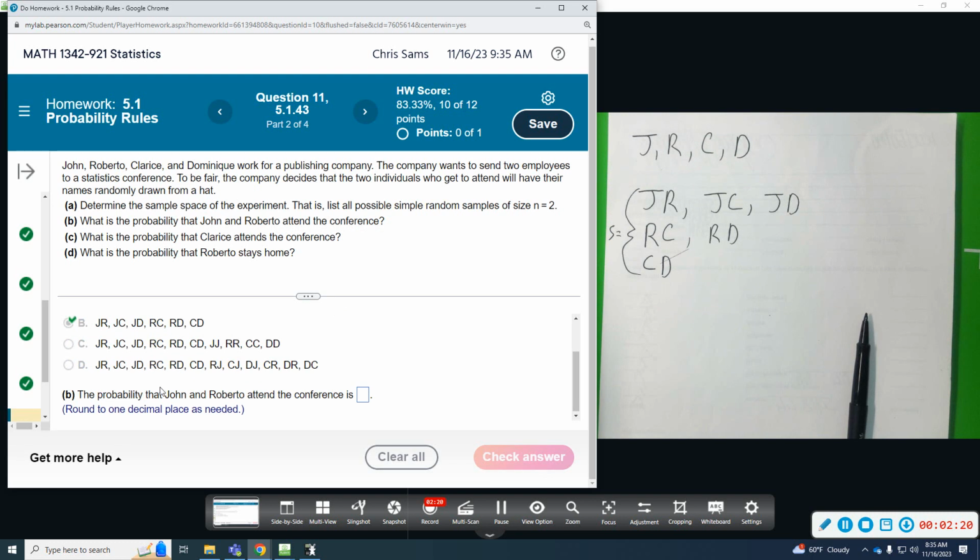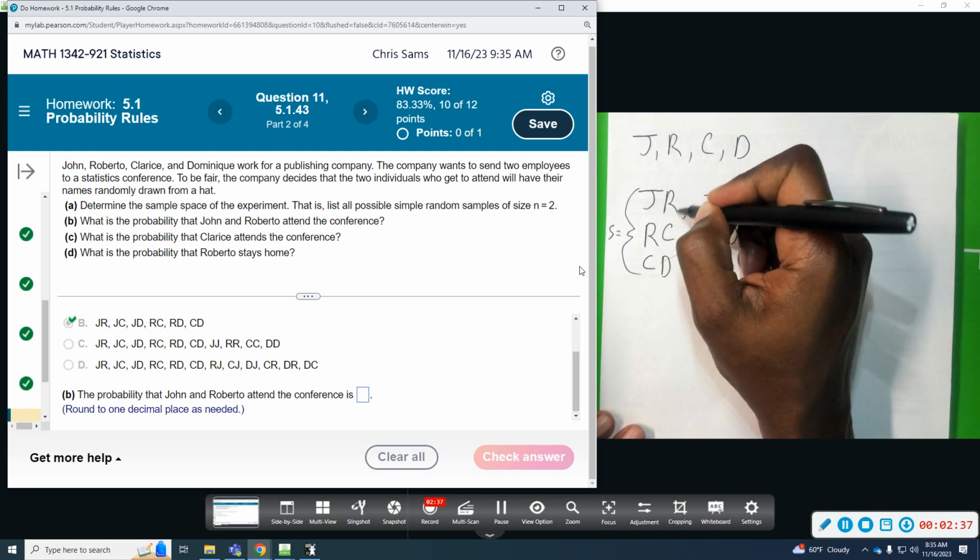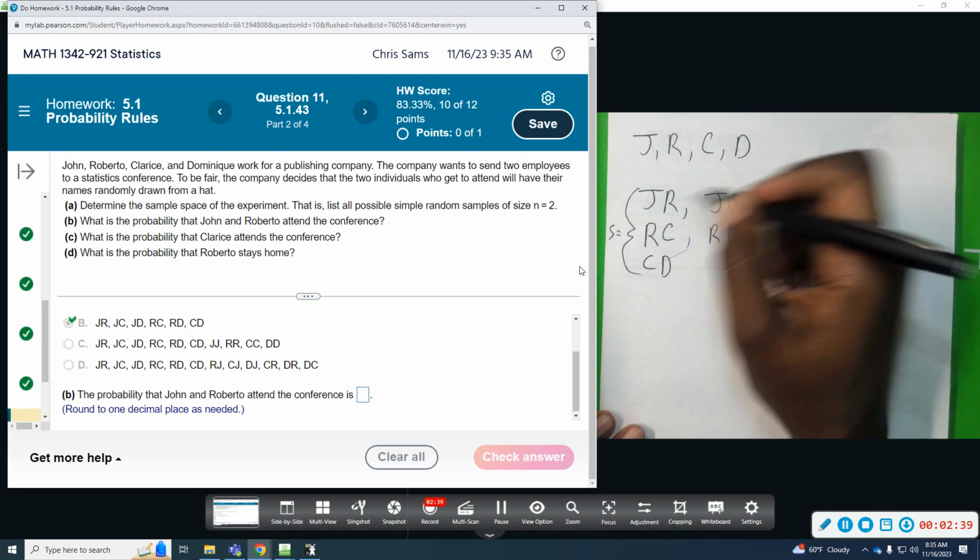Alright, so now we want to find the probability that John and Roberto attend the conference. So I'm guessing this combination here, not John or Roberto, but John and Roberto, so that the chance that both of them are selected. There is 1 outcome that has John and Roberto out of 6.